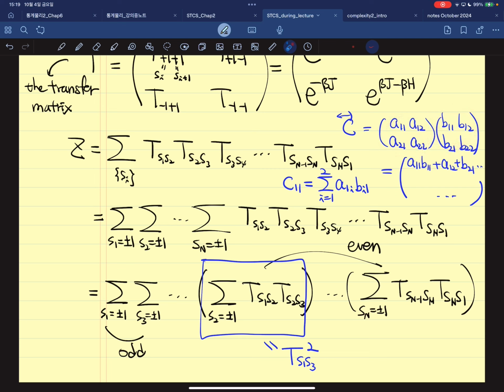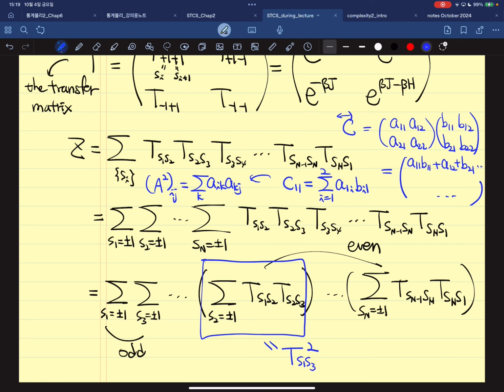Or let's just explicitly write down. The matrix elements of the square of the matrix is actually A ik and A kj, and sum over k. This is a simple matrix product.